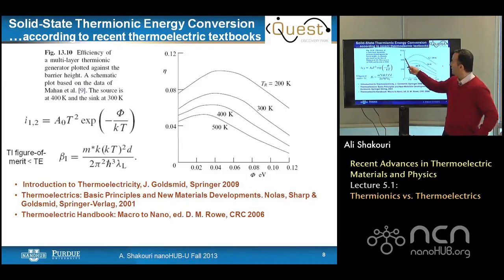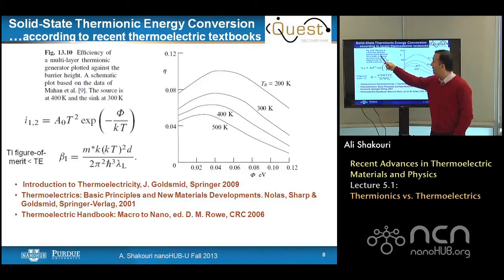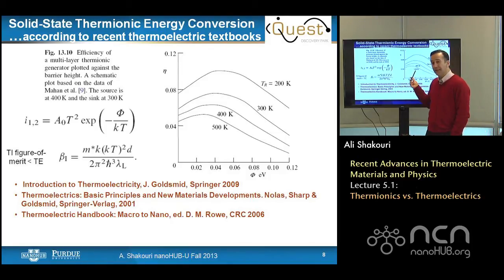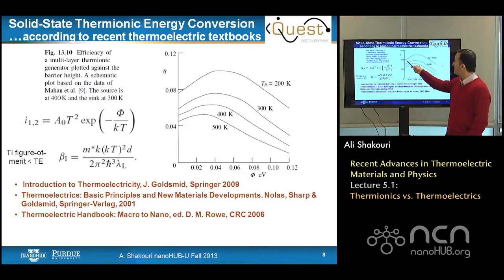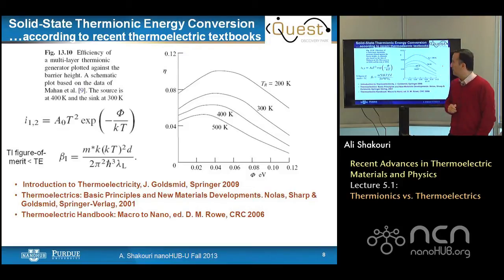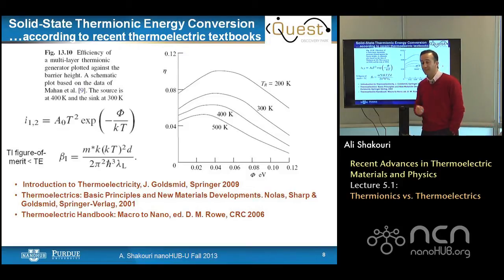Here is the efficiency of a multi-layer thermionic device plotted against the barrier height at different source temperatures. What is used here to get this type of efficiency, a couple of 8 to 10%, is the Richardson equation, which basically tells you thermionic emission goes with the exponential of a barrier, with a prefactor that is proportional to the temperature squared.